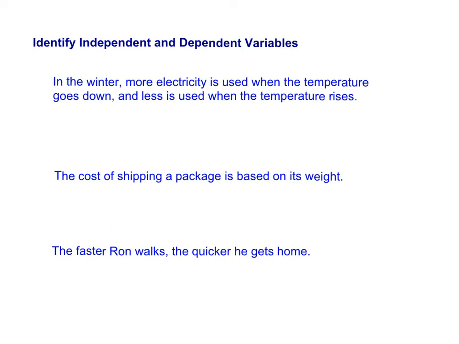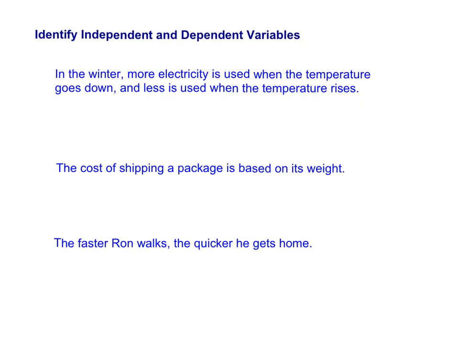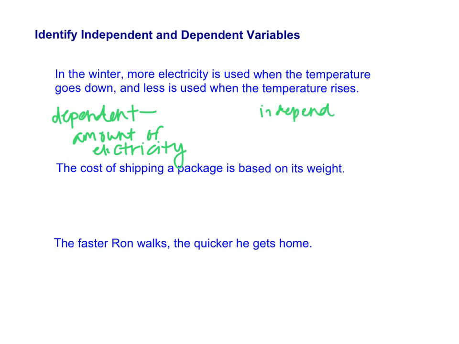So when we have to say what the dependent variable is, we're going to say that it's the amount of electricity and the independent variable is the temperature.